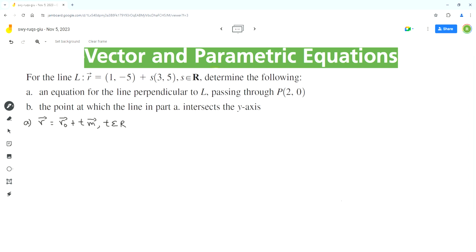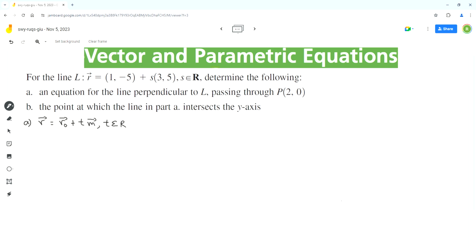In this equation, r represents the position vector of an unknown point that lies on the line. r naught is the position vector of a known point that lies on the line. t is a parameter and it can be any real number, and m is the direction vector of the line.